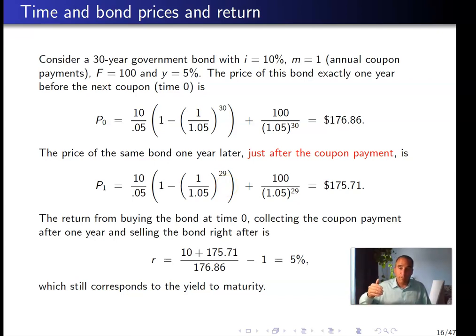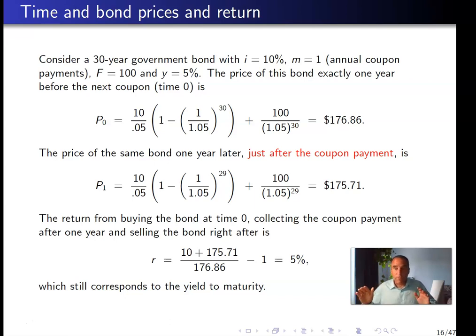The next coupon will be received 1 year from now. The face value has to be discounted over 29 periods. So the bondholder is able to sell the bond for $175.71 for a return of coupon plus price obtained when selling the bond divided by price paid at the beginning of the period, which is exactly 5%.